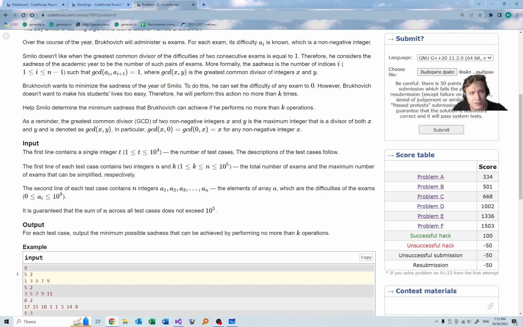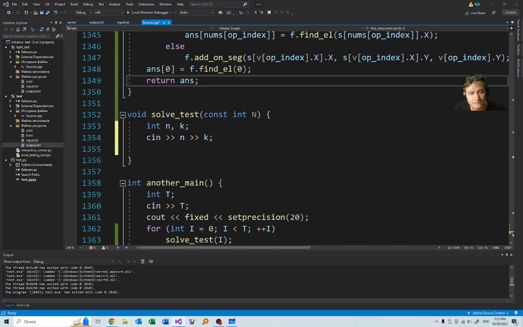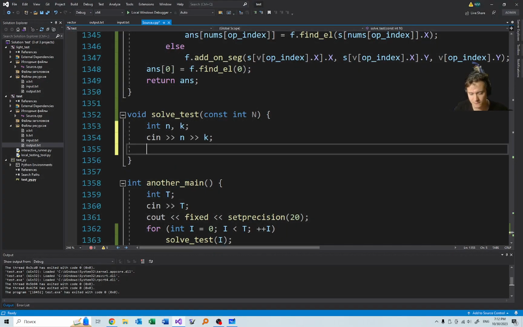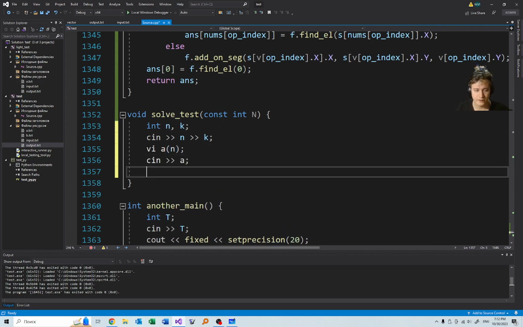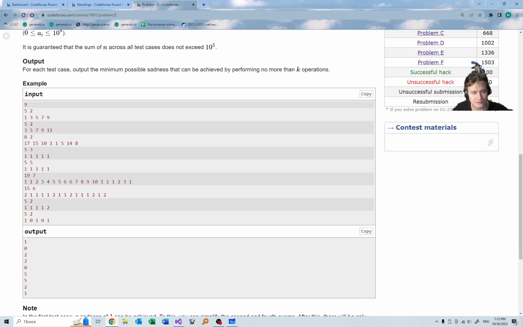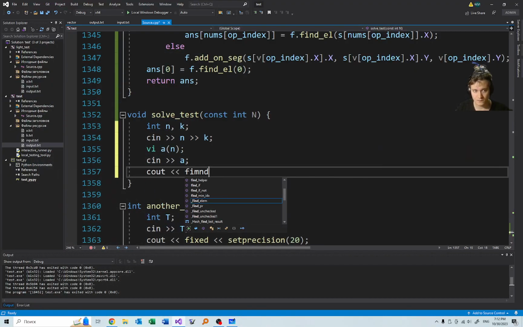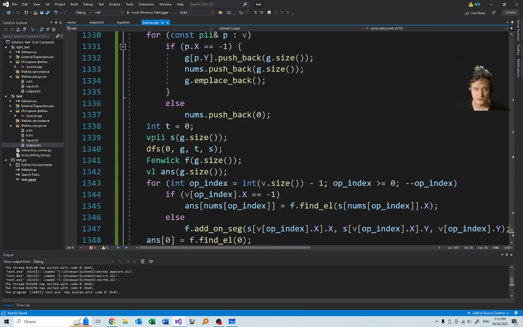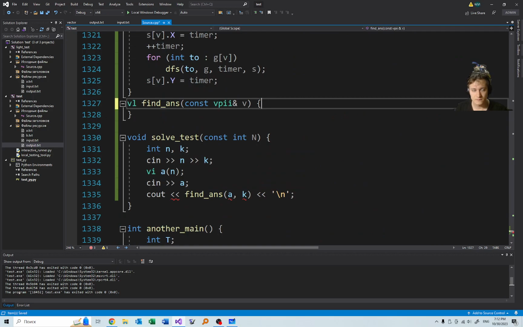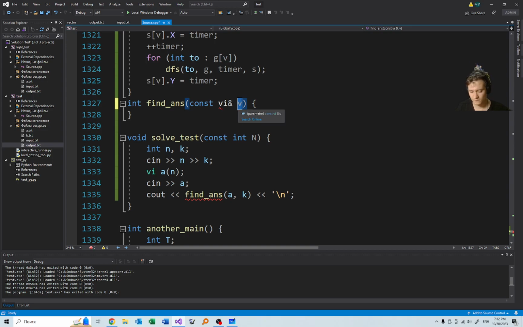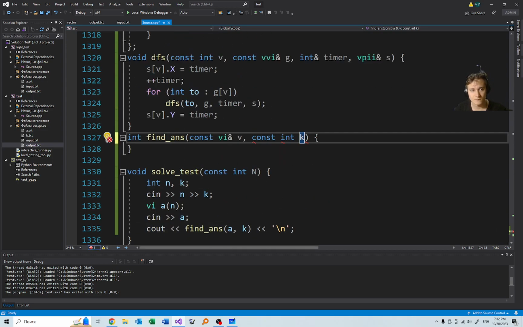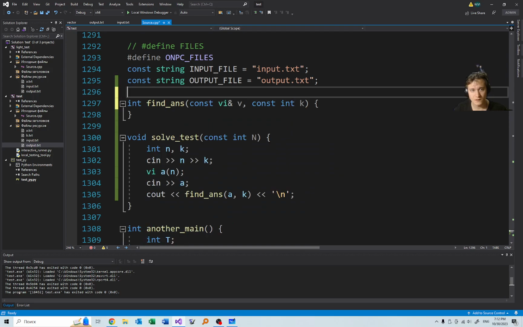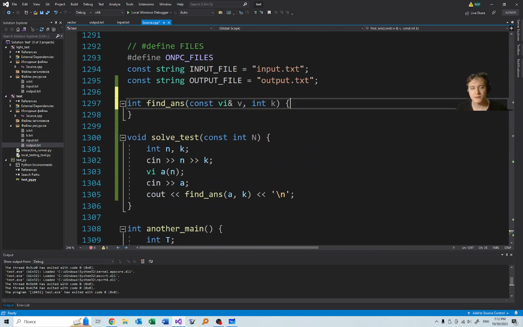So we read T, we read N and K. We read A. And finally we need to print the answer.